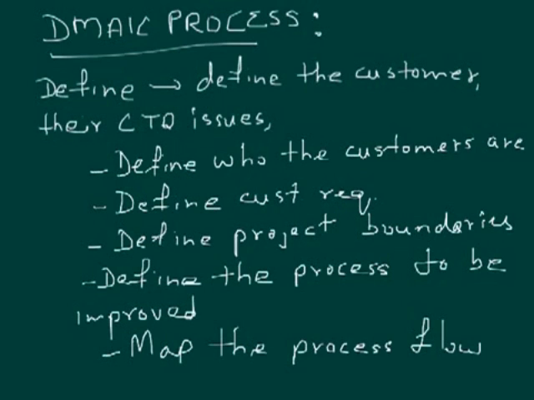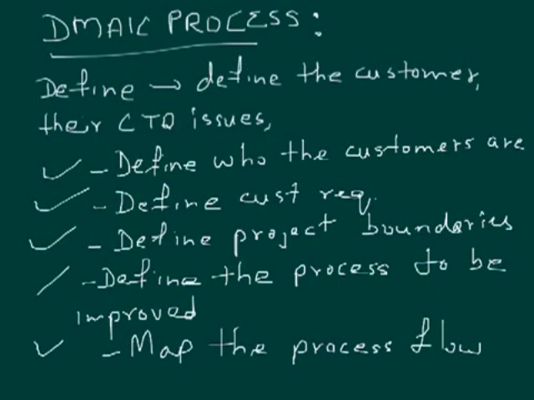So under define, these are the steps that you're taking. You define who your customers are, what their requirements are. You define your project boundaries, the start and stop of the process, so that you don't go overboard. And then you define the process to be improved.